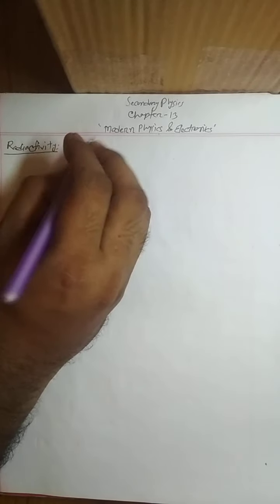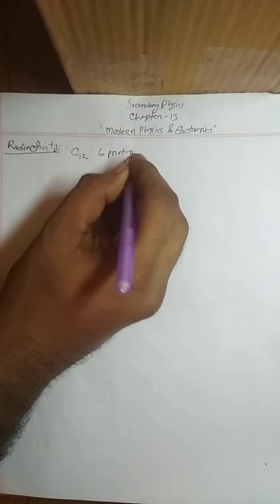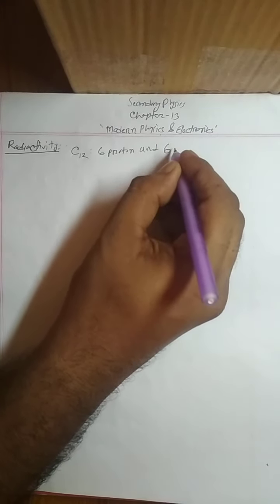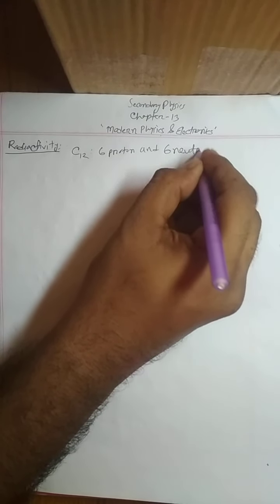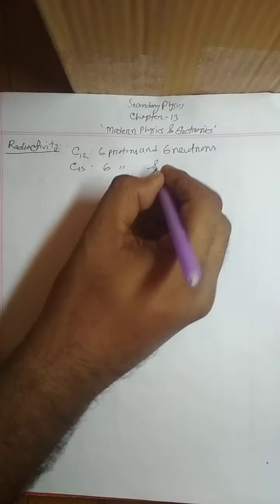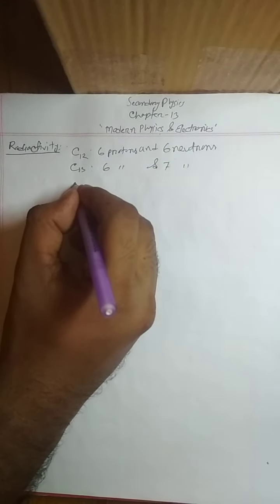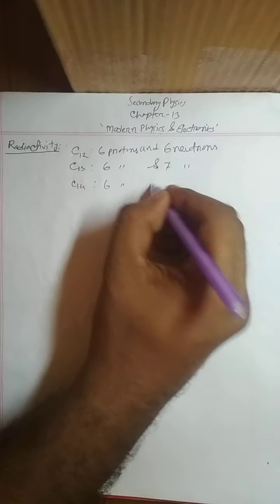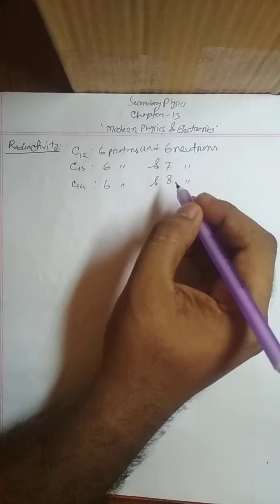For example, the element carbon has 6 protons in its nucleus, and its isotopes are C12, 6 protons and 6 neutrons; C13, 6 protons and 7 neutrons; C14, 6 protons and 8 neutrons.